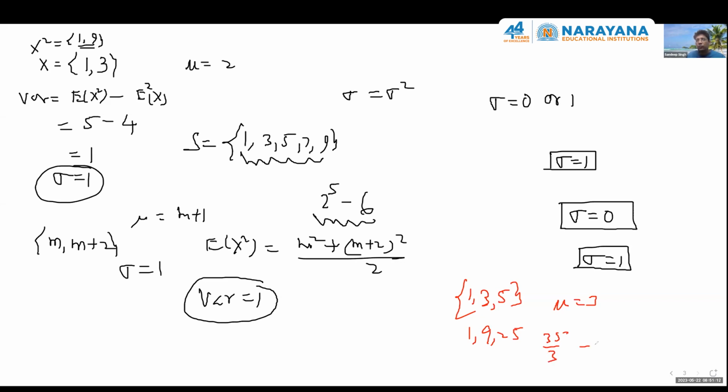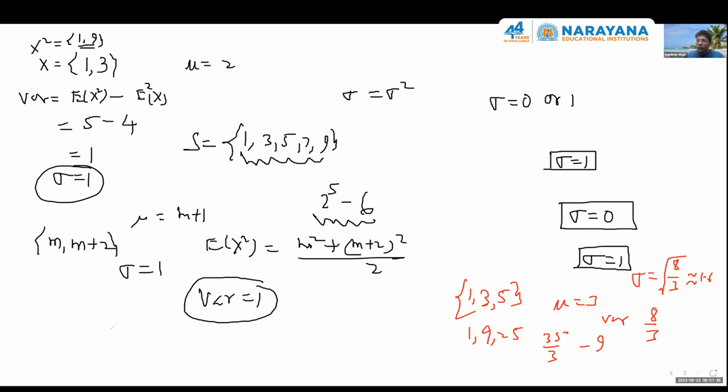And minus 3 square, that is 9. That is going to be 8 by 3. This is your variance. So your standard deviation will be square root of that, 8 by 3 square root. This is approximately 1.6. Right? Yes, sir. Correct? So it will increase because you are increasing the variation of the data among themselves.